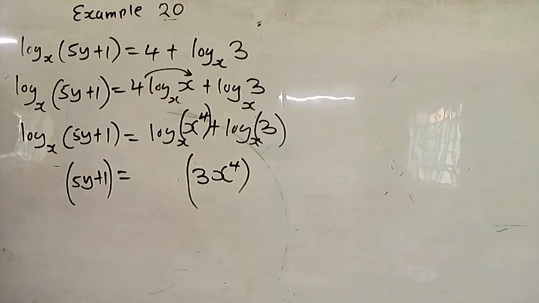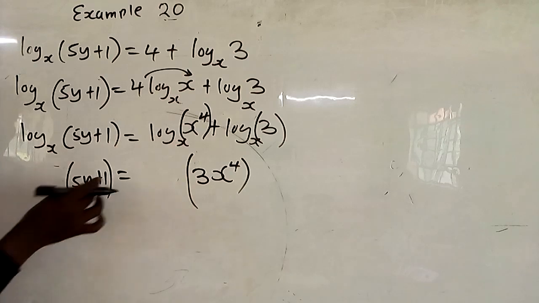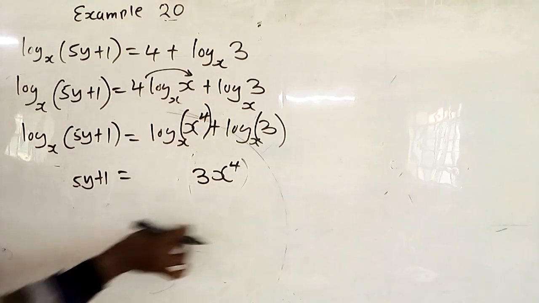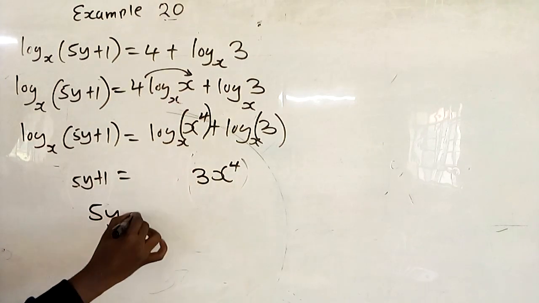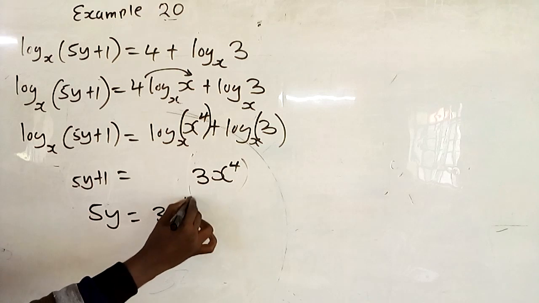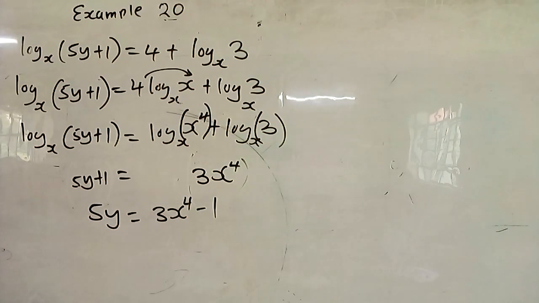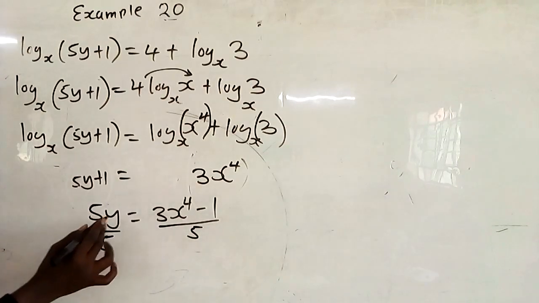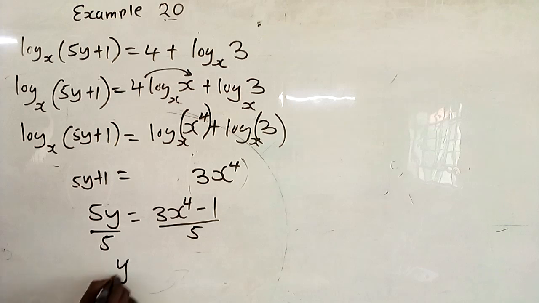Then you were told to write y in terms of x, meaning you make y the subject of the formula, isn't it? So positive 1, if you take it to the other side, you remain with 5y is equal to 3x raised to power 4 minus 1, isn't it? Then after that, you divide both sides of the equation by 5 to get y, because you were told to express y in terms of x, isn't it?